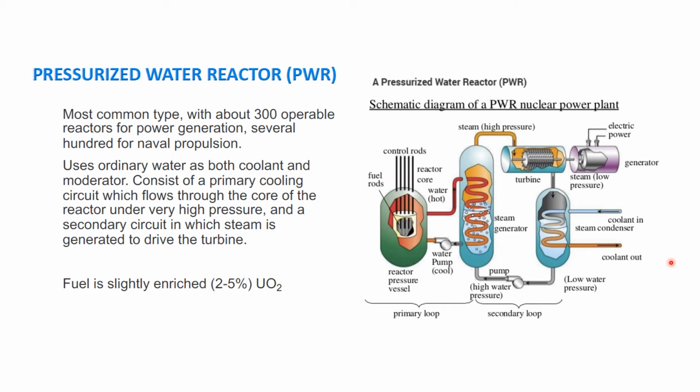Again, in your pressurized water reactor, the reactor core and your steam generator are separated, unlike your boiling water reactor. Fuel is slightly enriched uranium, around 2 to 5%. This is a schematic diagram of your PWR nuclear power plant.